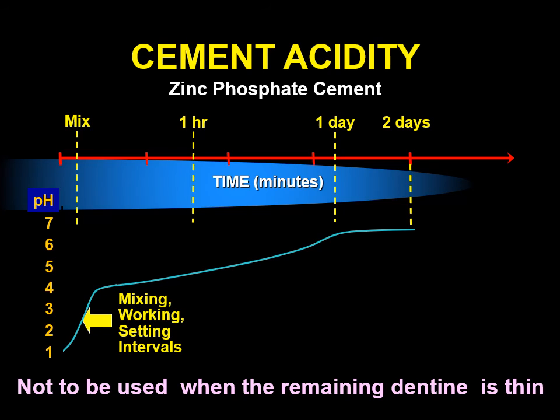So the zinc phosphate cement has free acids for at least 1 day. This free acid can pass through the dentinal tubules, causing chemical irritation to the pulp. So a contraindication of this cement is its use over thin dentine. If we have a thin remaining dentine between the tooth cavity and the dental pulp, we have to use a liner before we put the zinc phosphate cement.